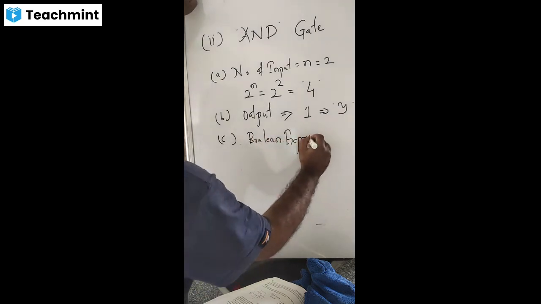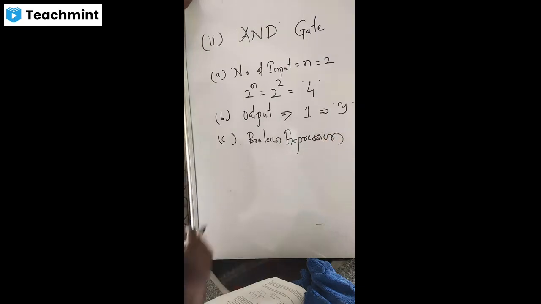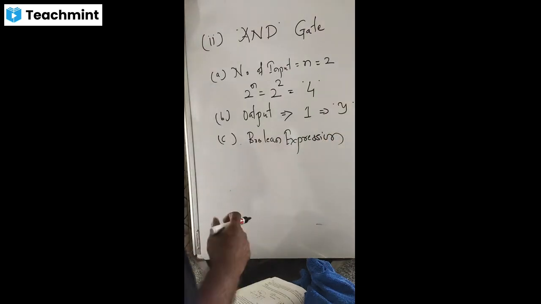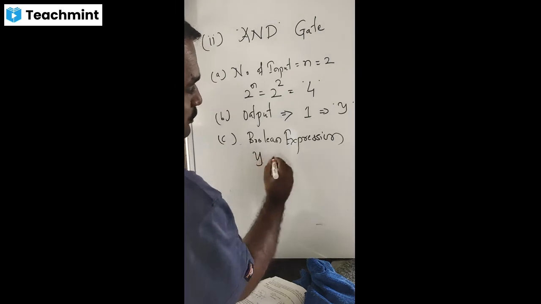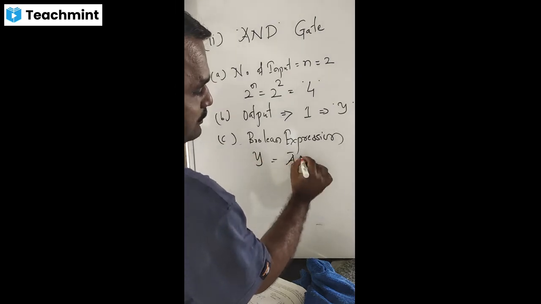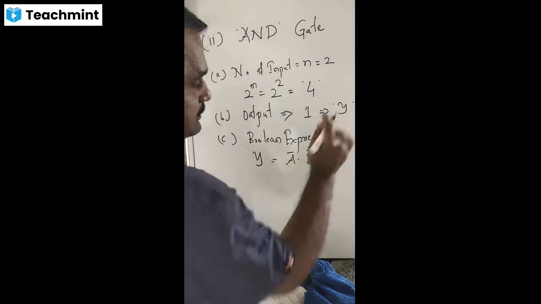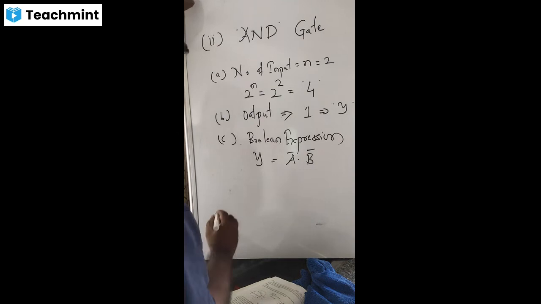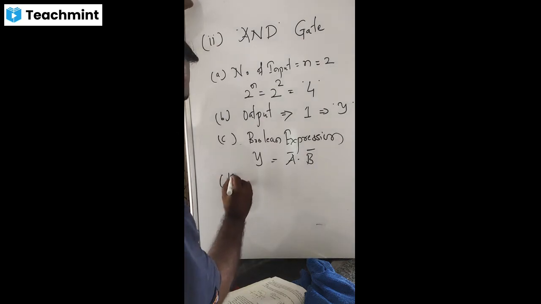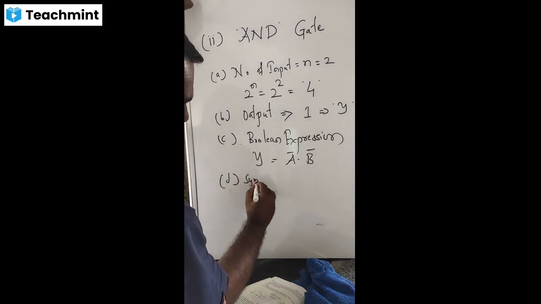In exam also, in this manner you write better, step by step. So Boolean expression means, I said, it is output Y equal to A dot B. That means multiplication. Dot means multiplication. And the symbol.